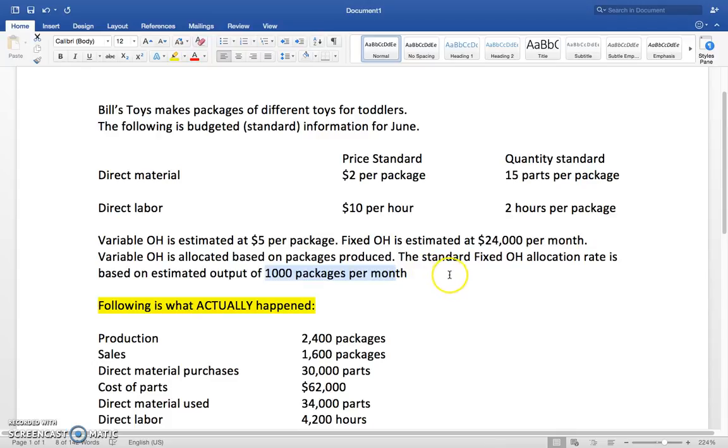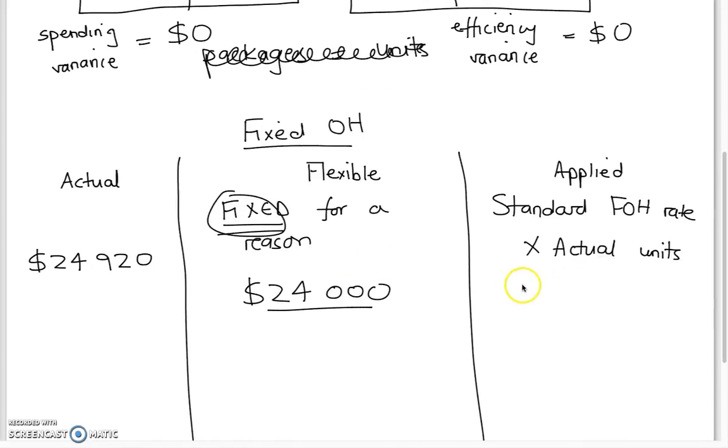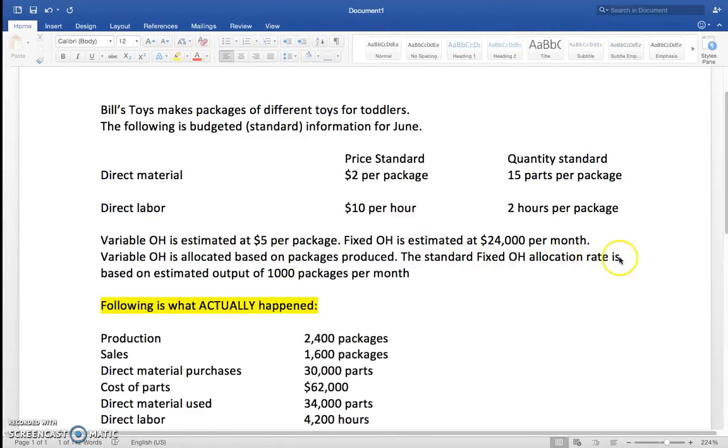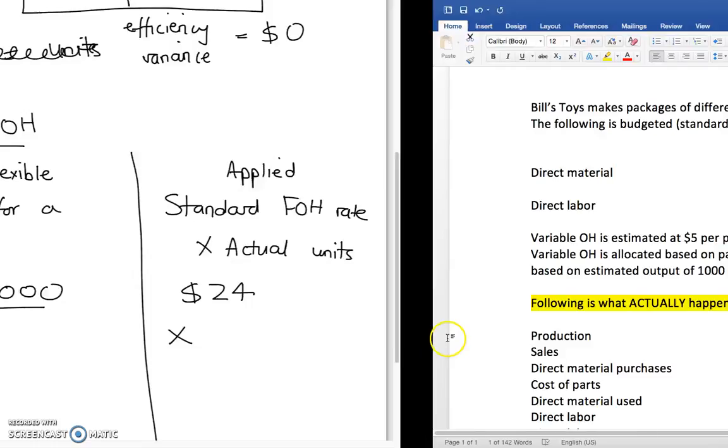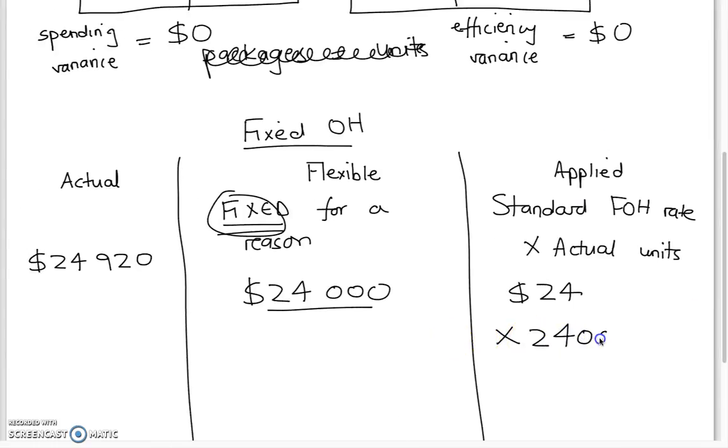Since both of these figures are standard, I'm simply going to divide 24,000 by 8,000. That gives me my standard rate of 24 bucks, multiplied by my actual number of units, which is 2,400 packages. So 24 times 2,400 gives me 57,600.